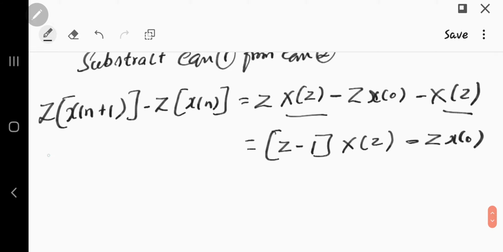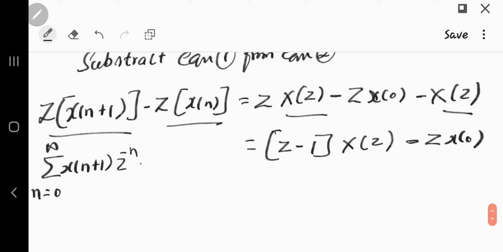Now to the left, this is the transform of x of n plus 1, and if you elaborate this, n equals minus infinity to plus infinity. And one more thing, the limit won't be from minus infinity to plus infinity, because x of n is not present for negative values of n, based on the initial value theorem. So we can write n is equal to 0 to infinity x of n plus 1 z to the power of minus n minus summation n is equal to 0 to infinity x of n z to the power of minus n.